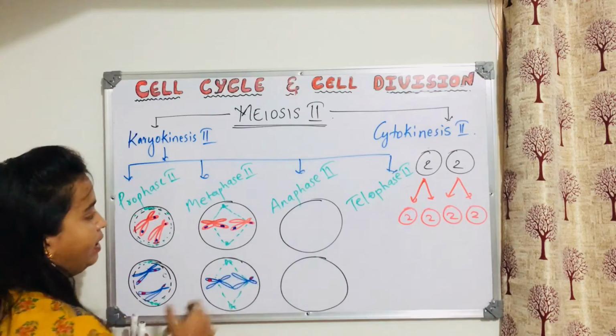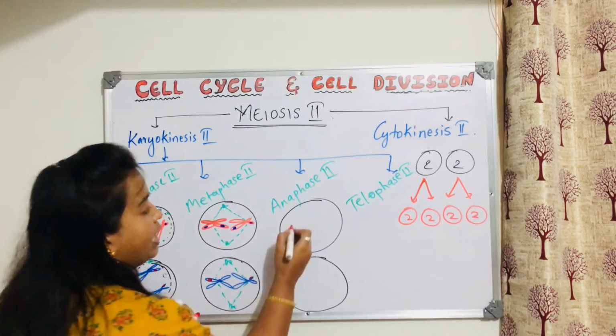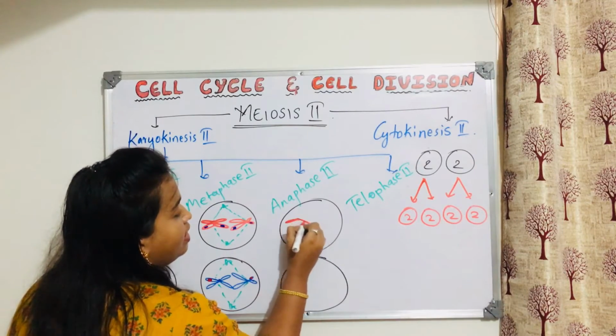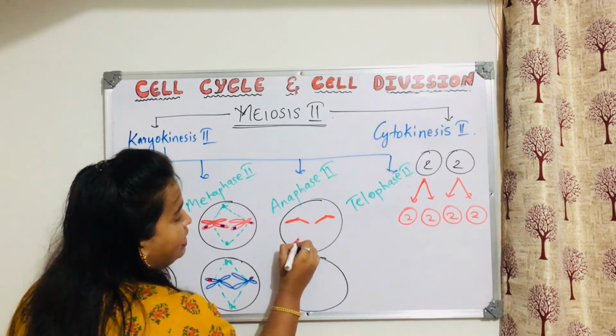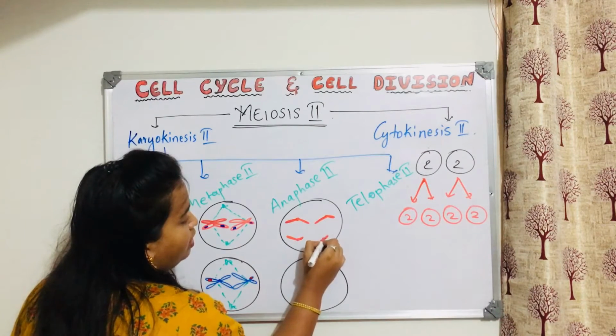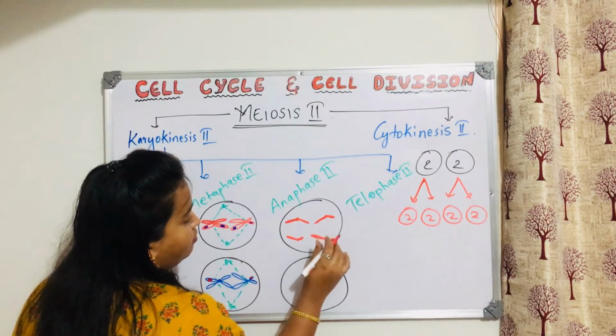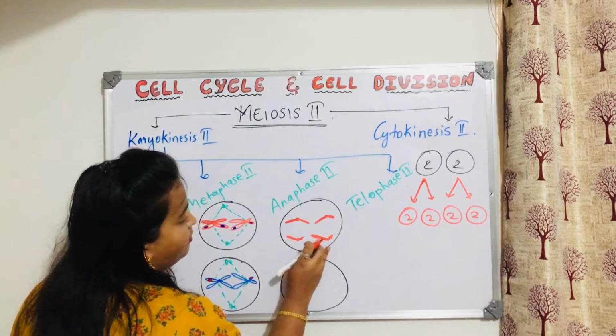So here what will happen? The centromere will divide. So what is separated now? You are going to separate the chromatids like this. Try to understand. And they are moving towards the end, like this.